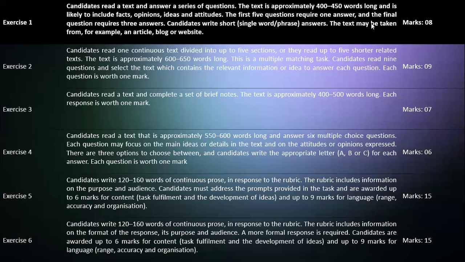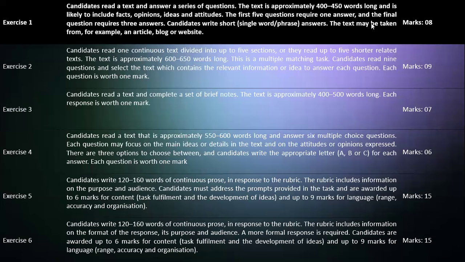Then you will have exercise number 4, where you will again read a text which will be approximately 550 to 600 words long, and you will be answering 6 multiple choice questions. Each question may focus on the main idea or a detail which has been provided in the text, or the attitude or the opinion which has been expressed by the author in the text.